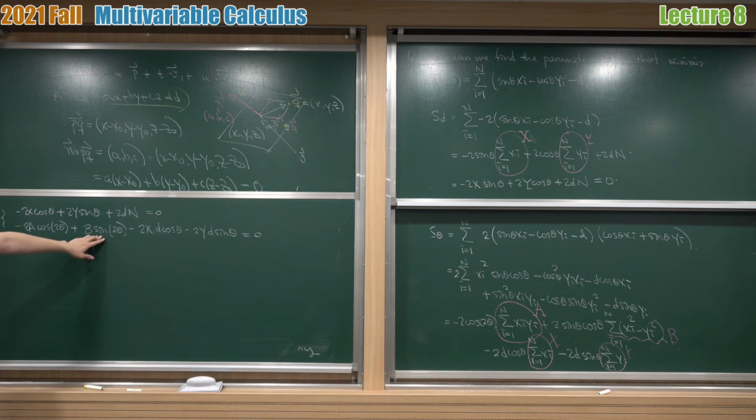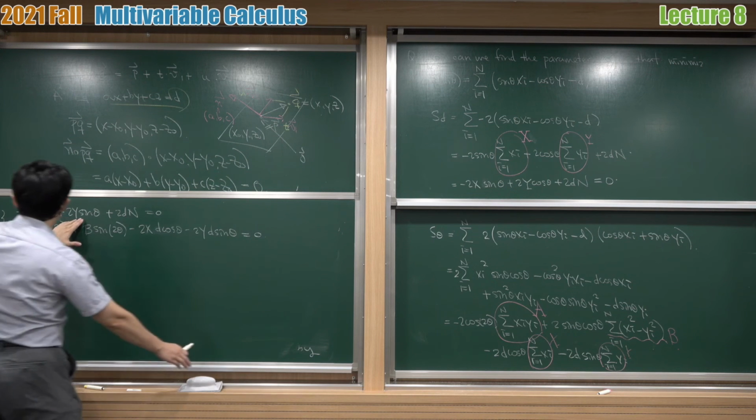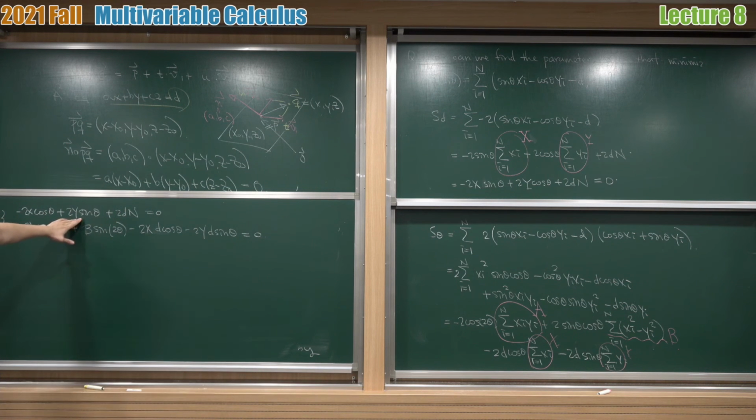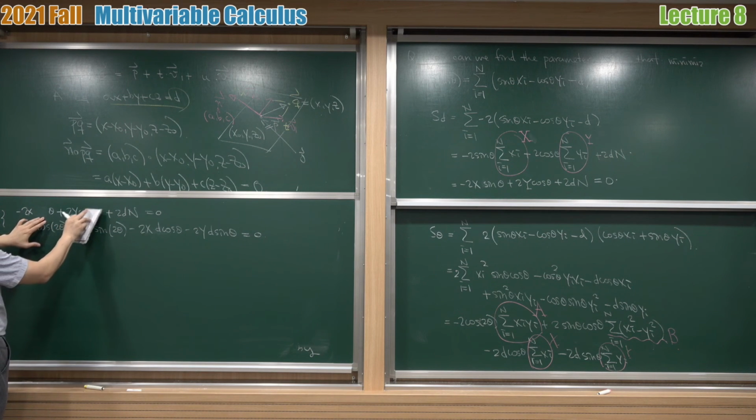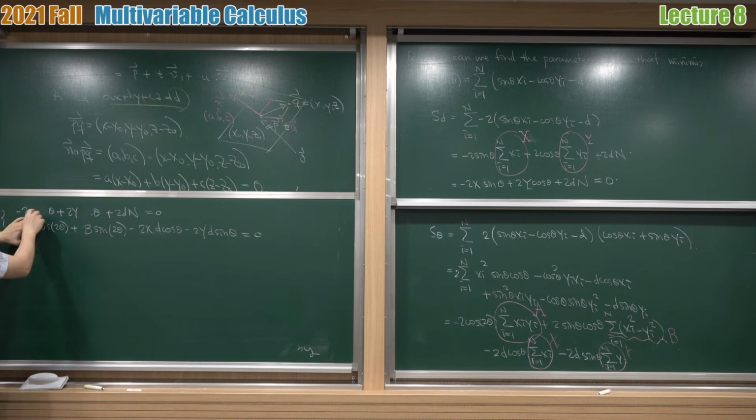This one? Oh. 2x sine, I forgot I take the opposite here. So minus 2x sine and cosine, right? All right.